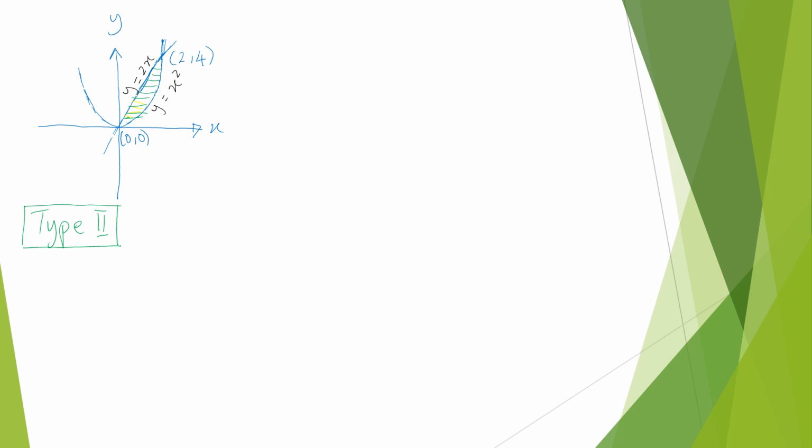For type 2, we should identify our two horizontal lines, end to end of our region R. We know that the value here is 4, so y equals 4 here, and here the value is 0, so y equals 0.